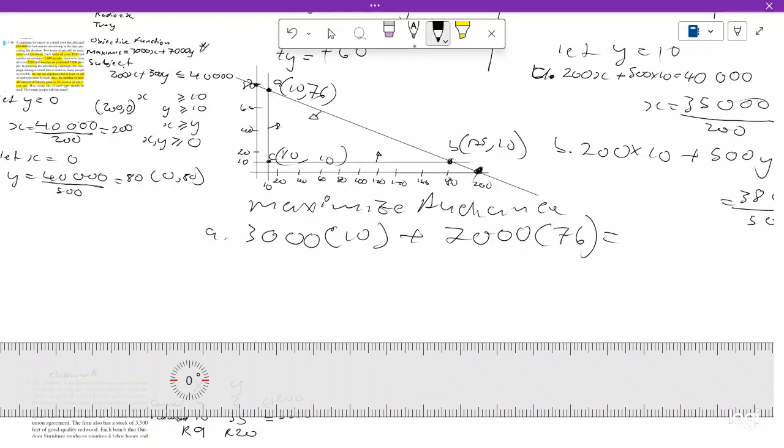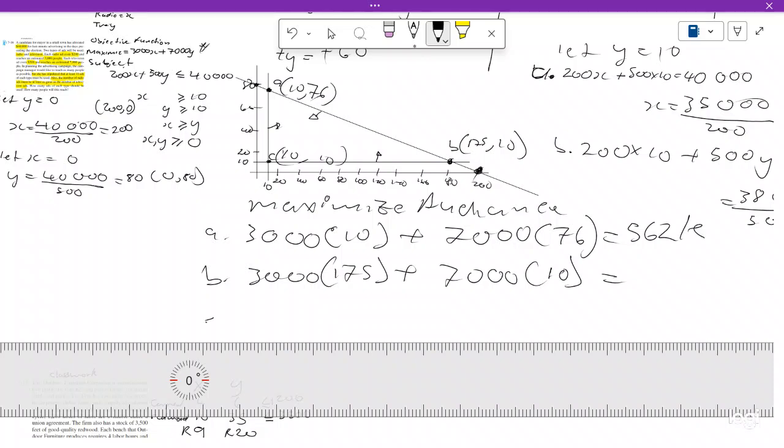You must get something around 500,000. How much, guys? 562.